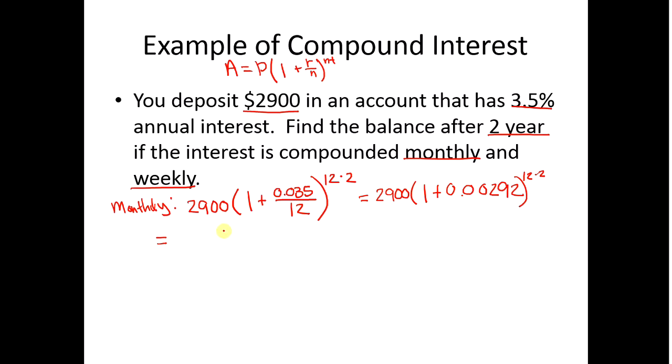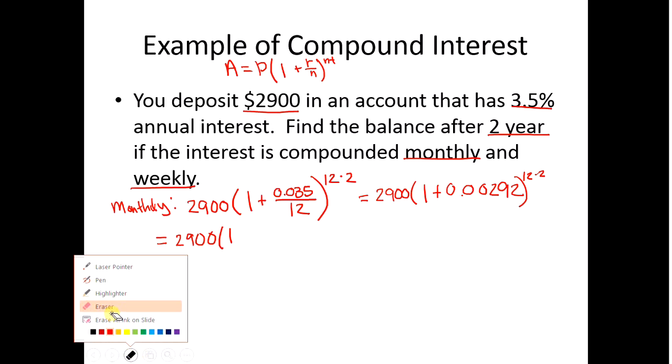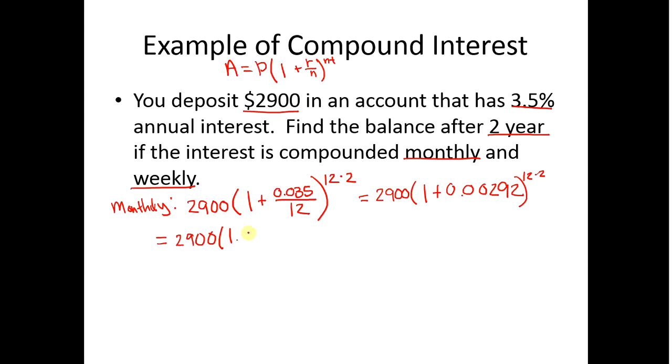So we're going to add 1. So we're going to have 2,900 times 1.00292, 12 times 2, okay?